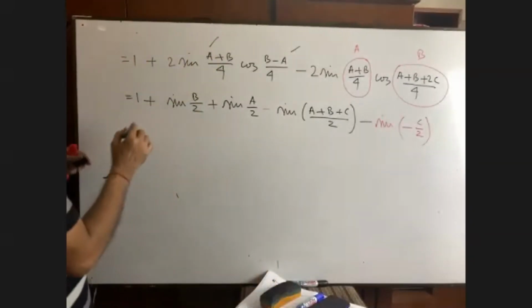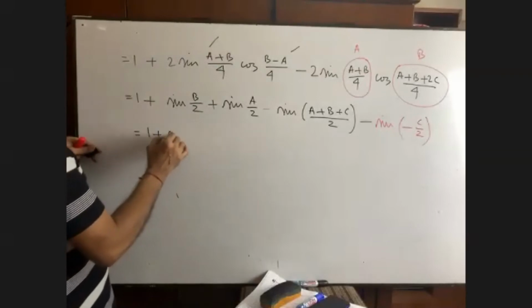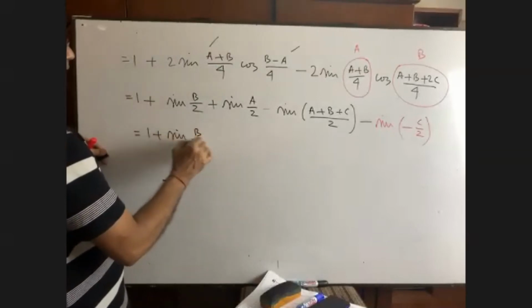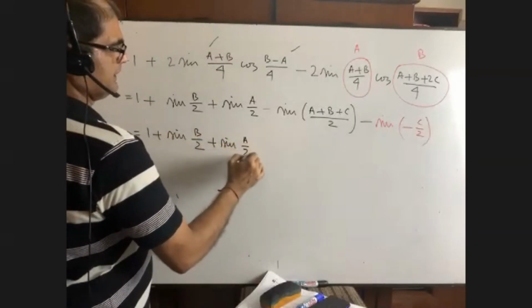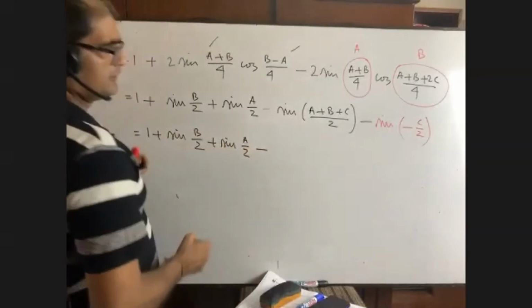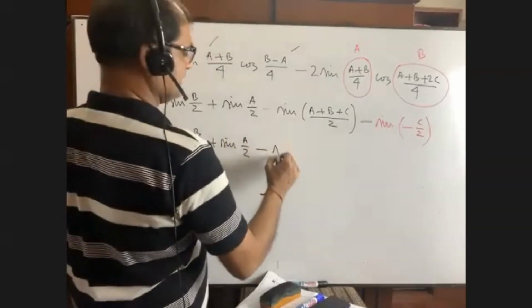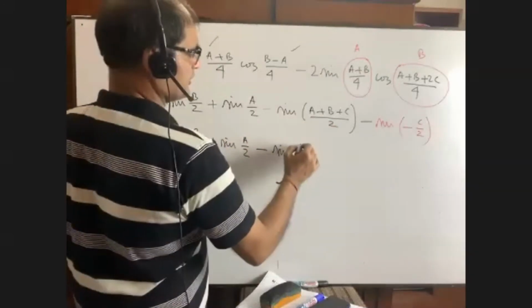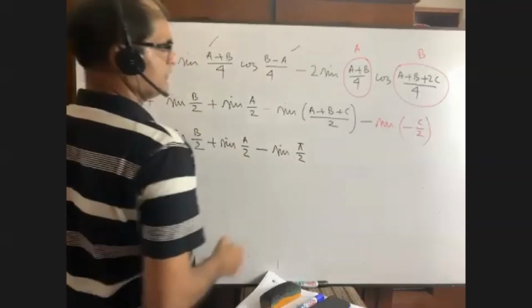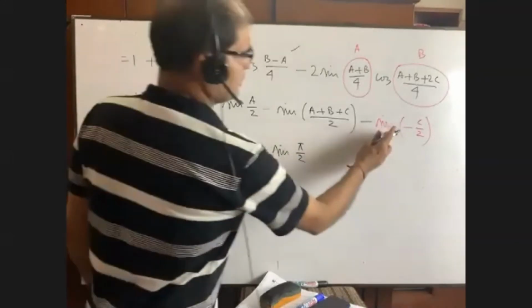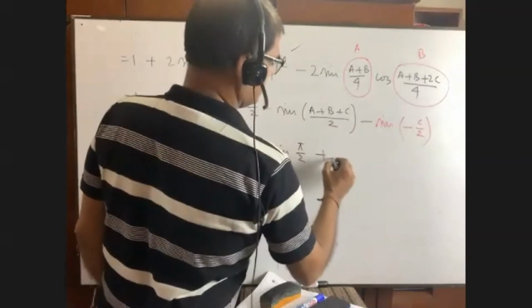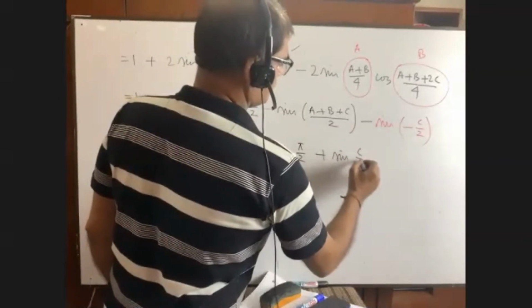So we are getting here 1 plus sin B by 2, sin A by 2 minus, can you tell me, sin of pi by 2 minus C by 2. Sine of (pi by 2 minus theta) equals cos theta, so it is cos C by 2.